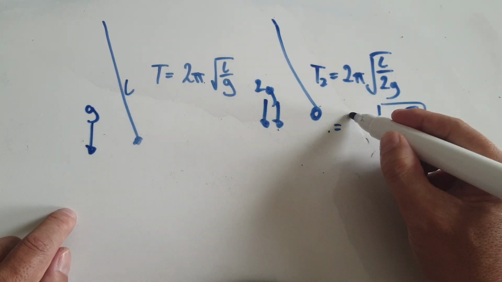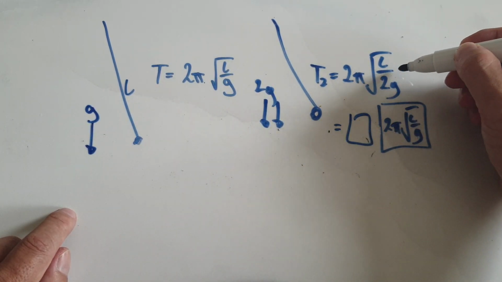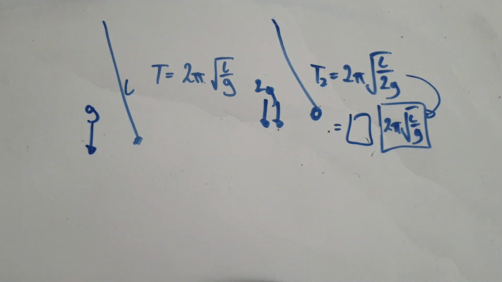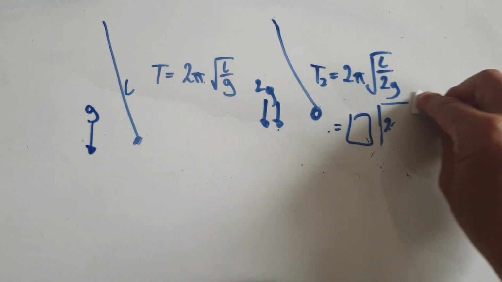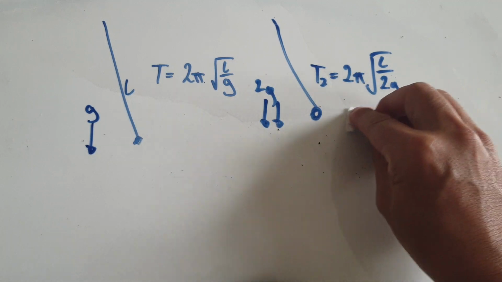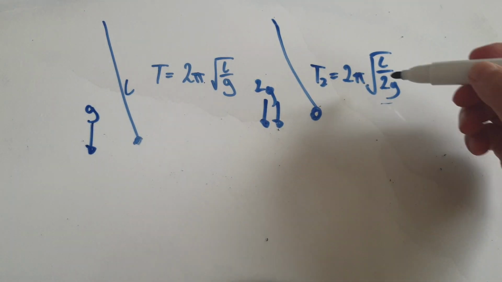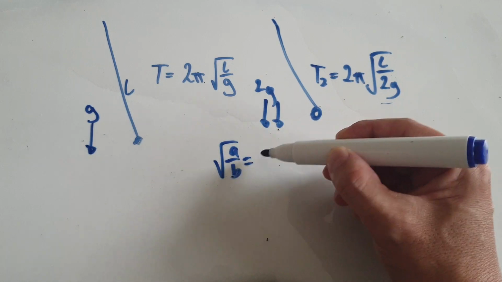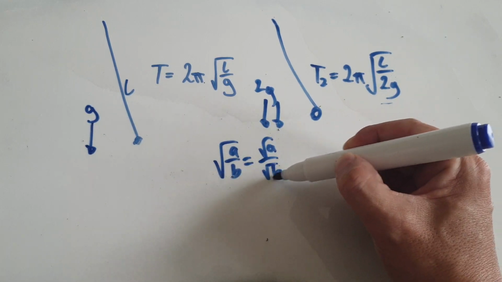I'm just going to use algebra to get from here to here somehow. Okay, so hang on. So using algebra, remember, if you square root a over b, that's the same as root a over root b.